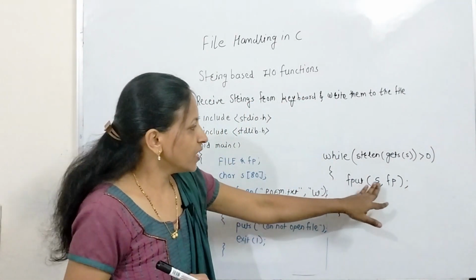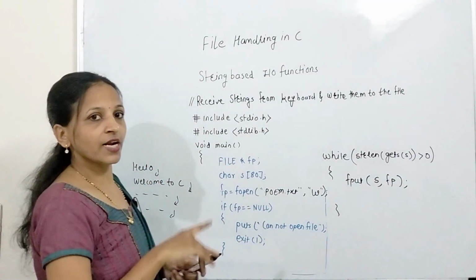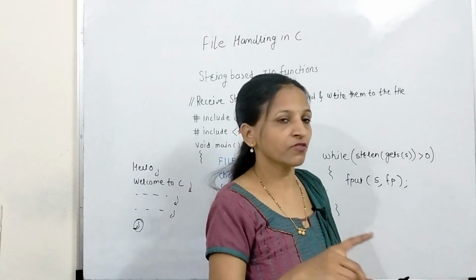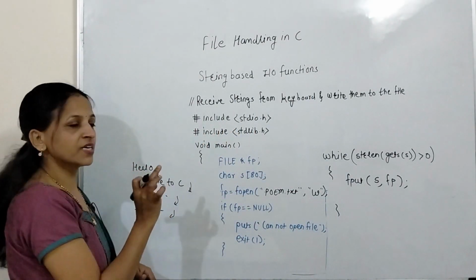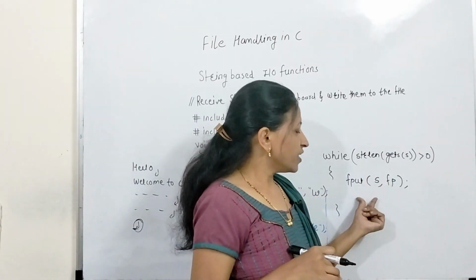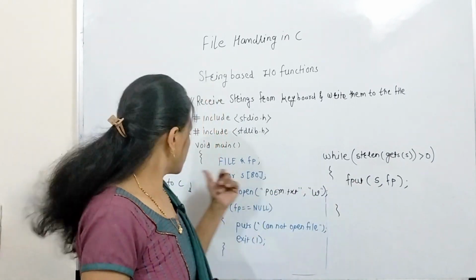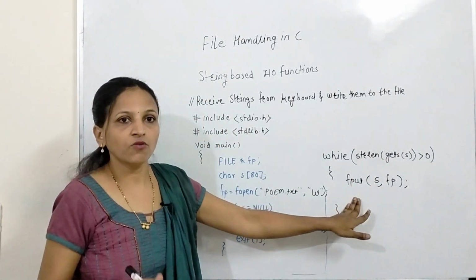Now see, here we have written that string into the file, and we have seen that fputs will not write the \n. The enter key pressed by the user will not be considered a part of that string. That's why we have to forcefully write that \n after writing this string in that file. Now how to do that?